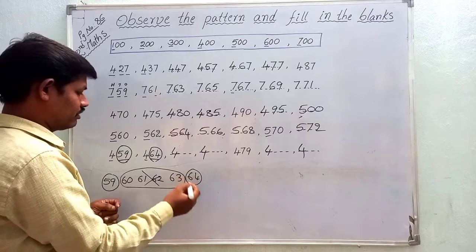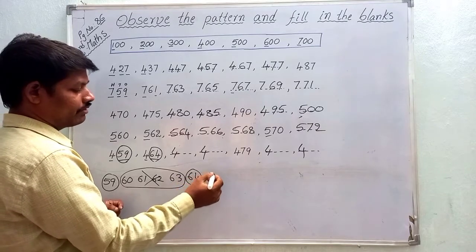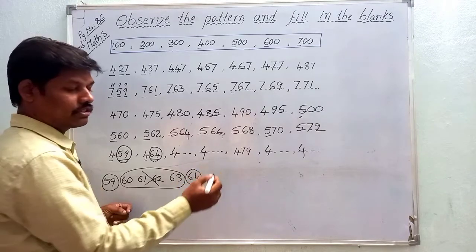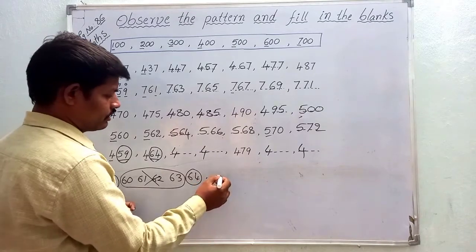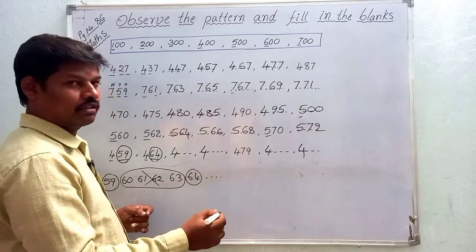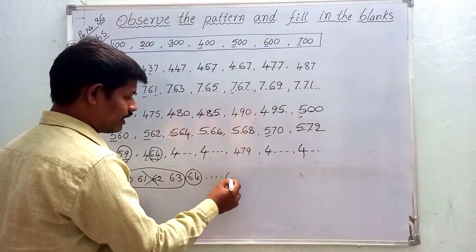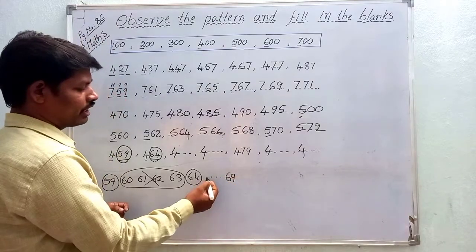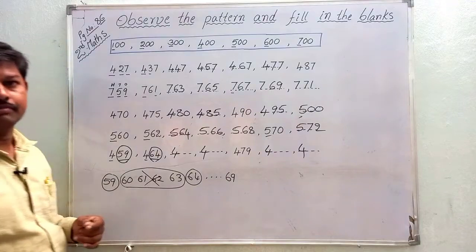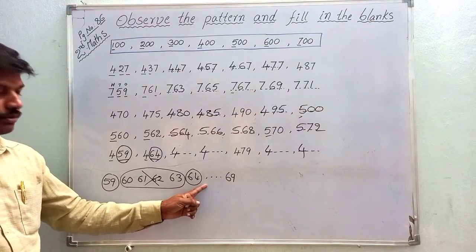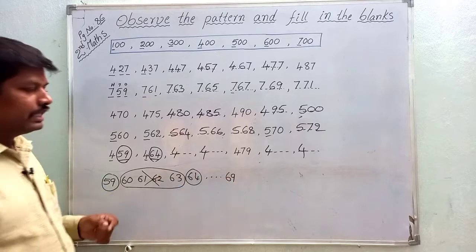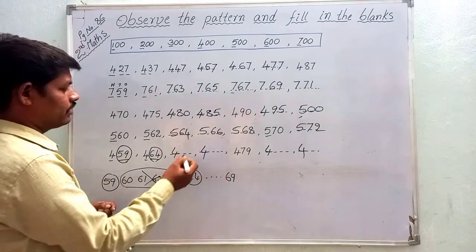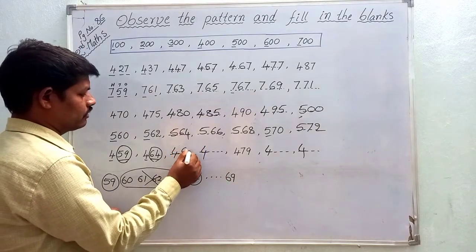After 64 we have to leave 65, 66, 67, 68, and write 69. 4 numbers we left out. We have to leave 4 numbers and write the next number. 69 we can write here.